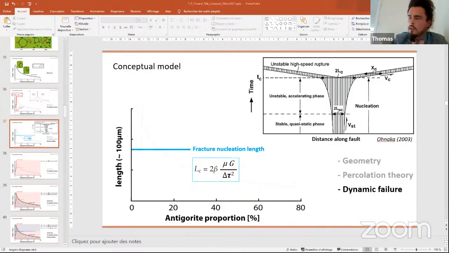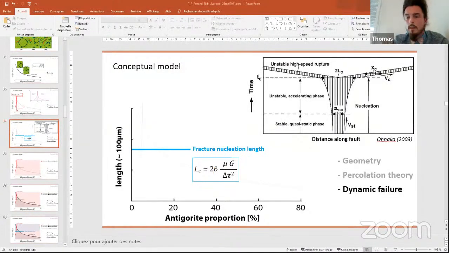And there are a couple of recent papers that I saw published that show natural evidence of stress drops on the range of 1 gigapascal. For great depth, if you have 2 gigapascals of confining pressure, this is not a problem.